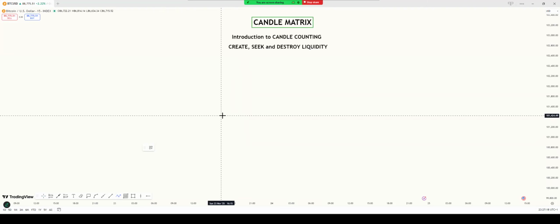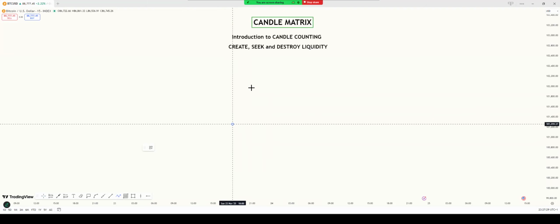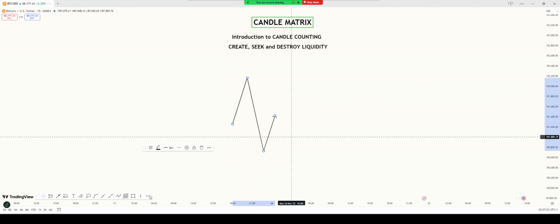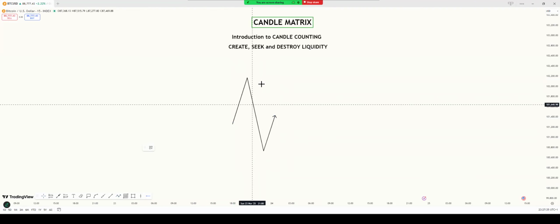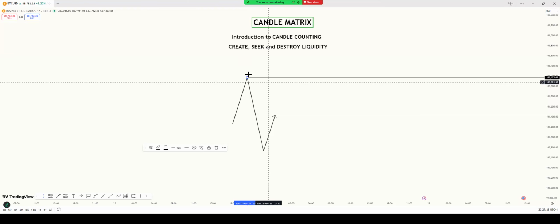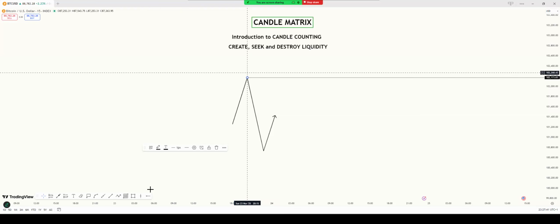the algorithm creates buy side and sell side liquidity to accommodate institutional orders. So the algorithm intentionally creates buy side liquidity and sell side liquidity. The liquidity that rests above highs is what we call buy side liquidity.